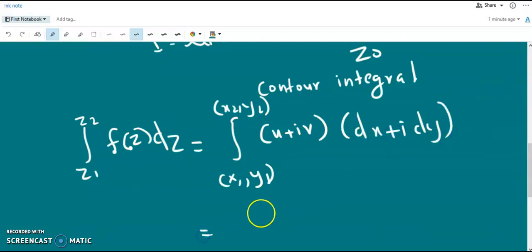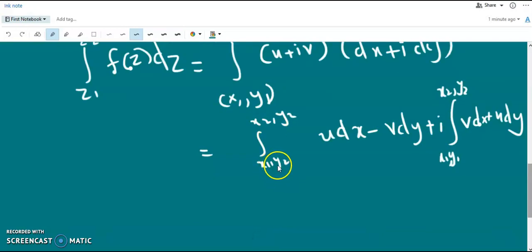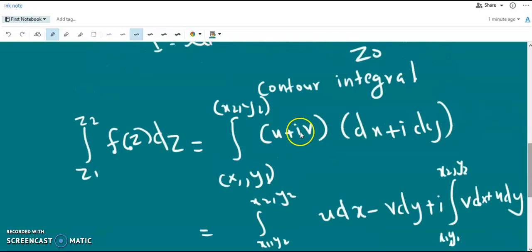So this can be written as the integral from (x1, y1) to (x2, y2) of u dx minus v dy, plus i times the integral from (x1, y1) to (x2, y2) of v dx plus u dy. So this shows that the complex integral is the complex sum of real integrals.